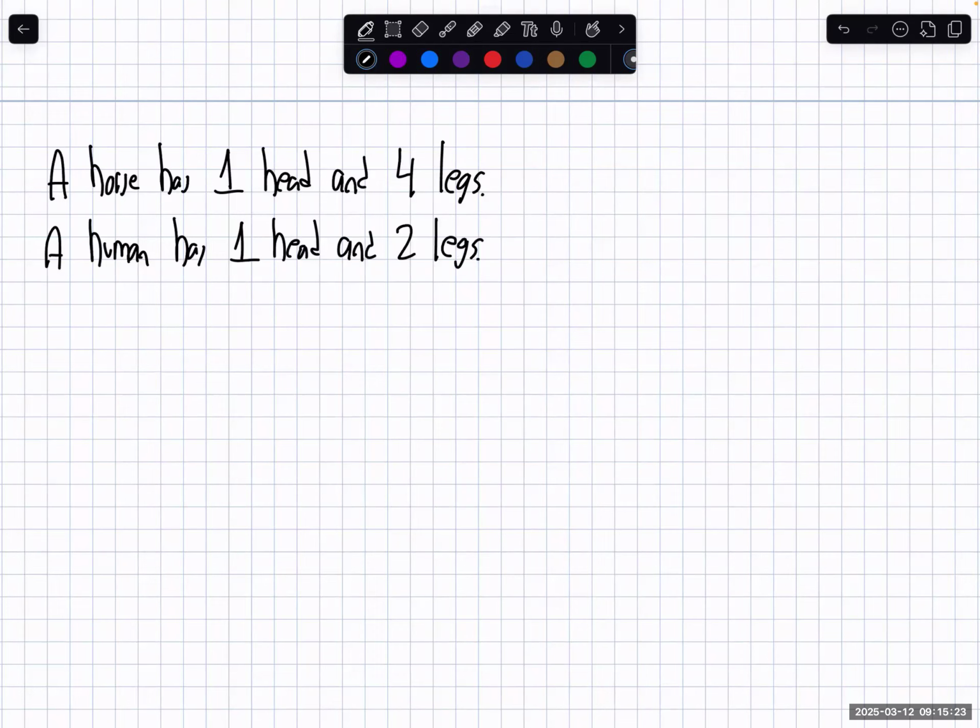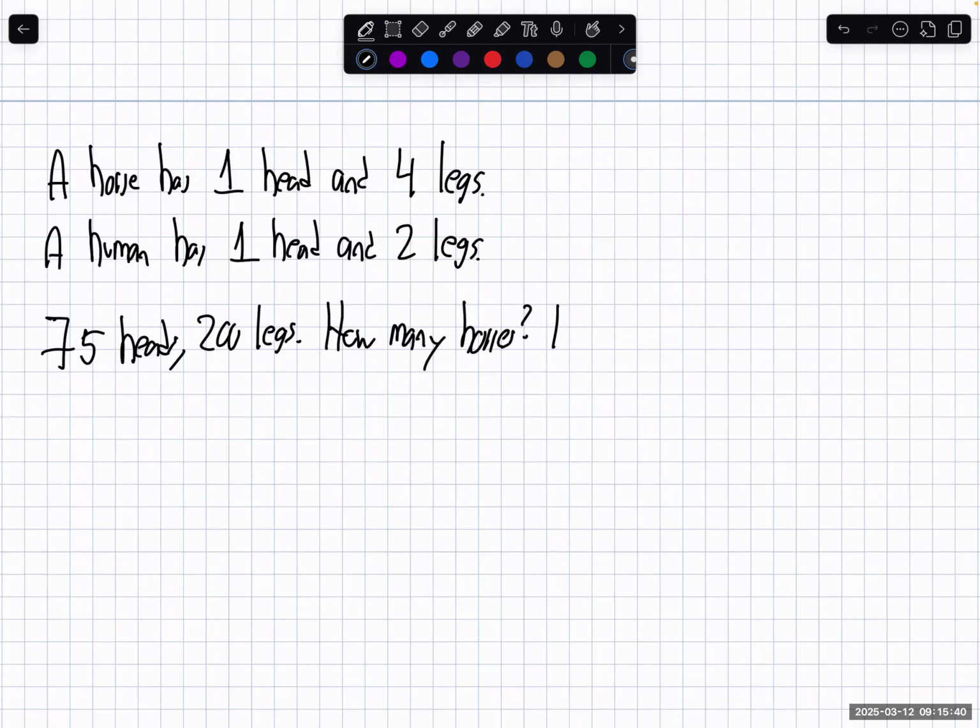So a horse has one head and four legs. A human has one head and two legs. So I'll remind you in a bit about the two different ways we used to solve this problem.